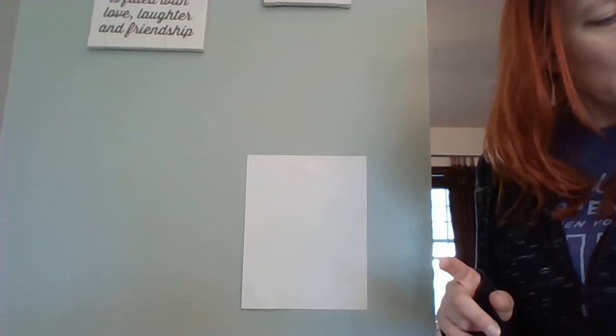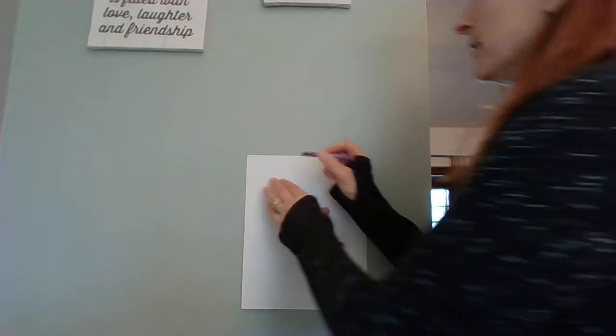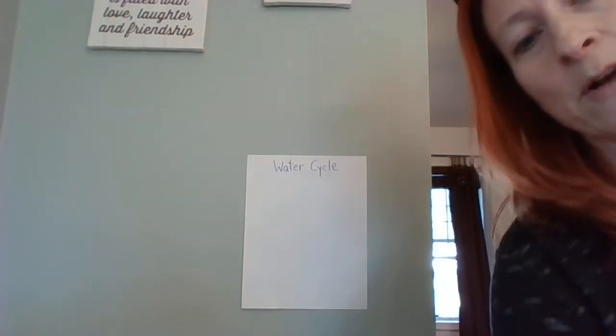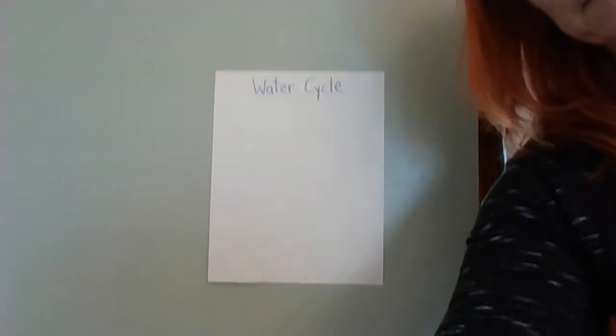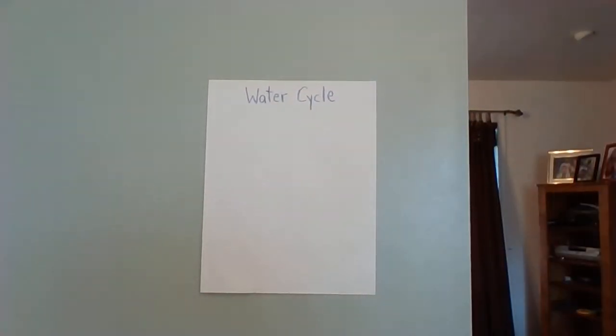So the first thing we want to do is label it. And put at the top, water cycle. There you go. There's the water cycle. I'll bring it in a little closer so you can see. All right.